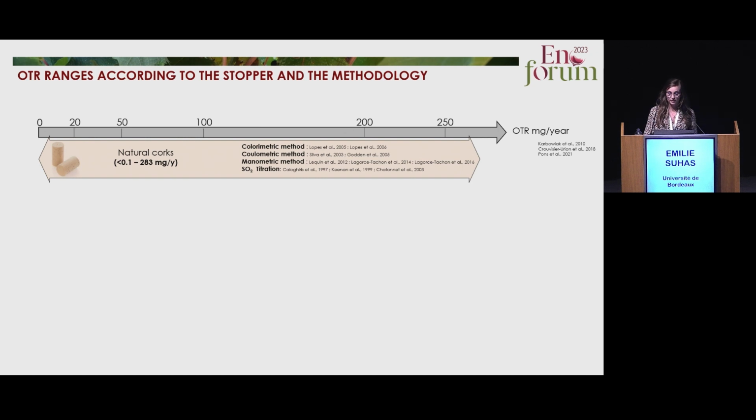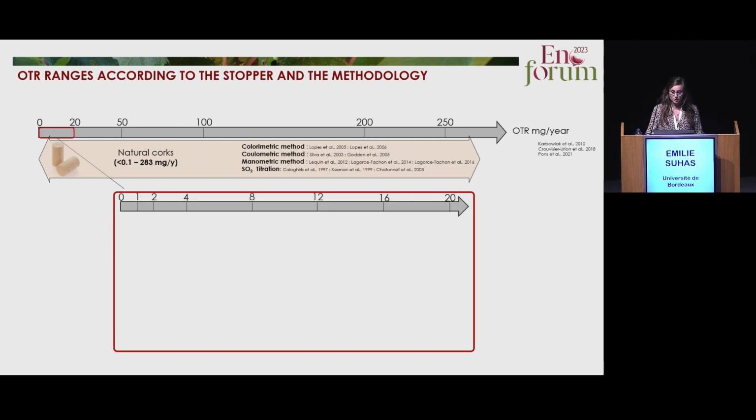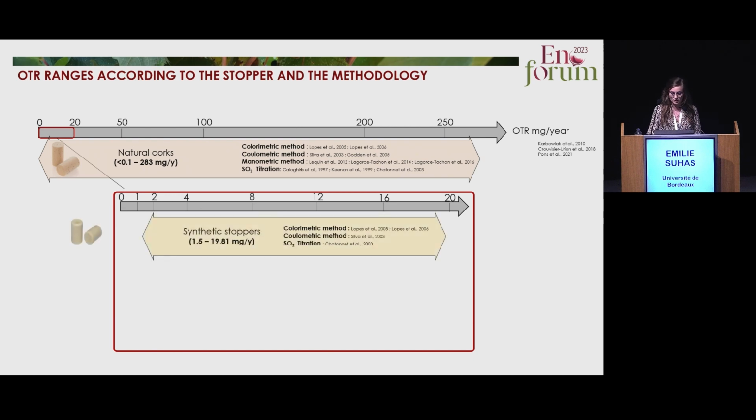Now, in the course of time, various analyses have helped us characterize different types of closures. We saw that natural corks are the ones that display pretty high variability, from less than 0.1 milligrams per year all the way up to 283 milligrams per year.